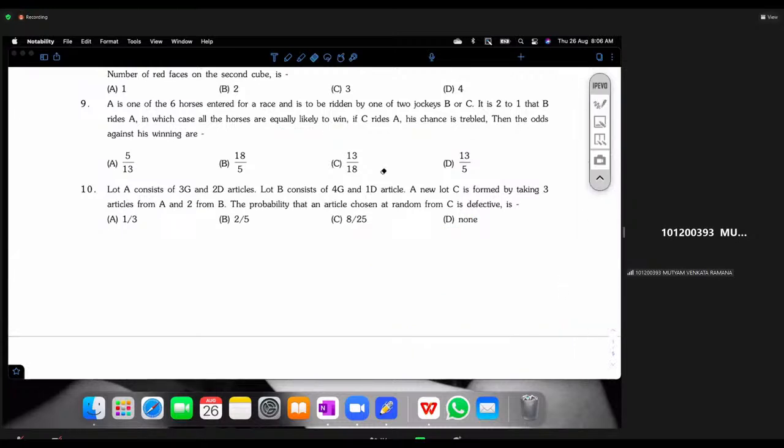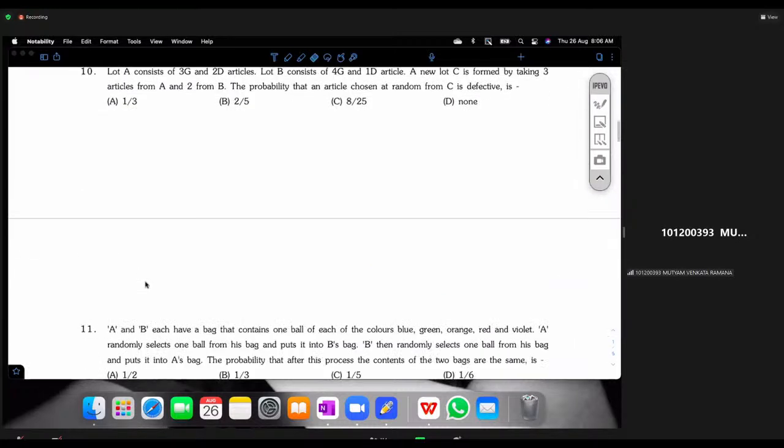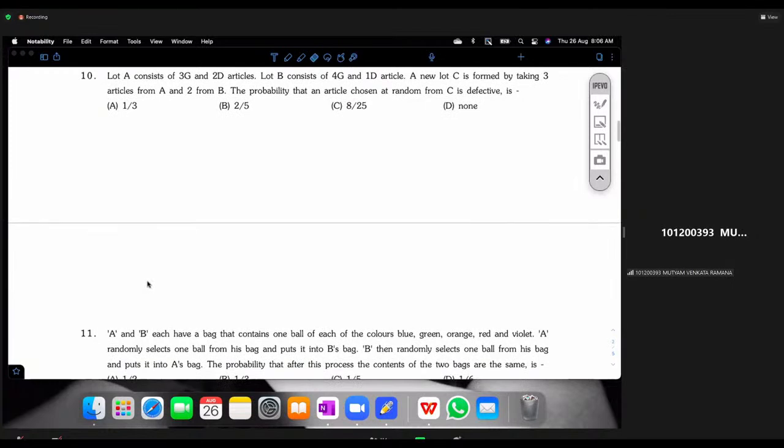Next one is: Lot A consists of 3 G and 2 D articles. Lot B consists of 4 G and 1 D article.